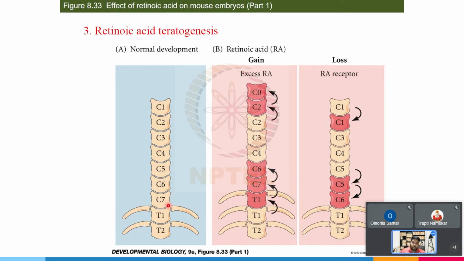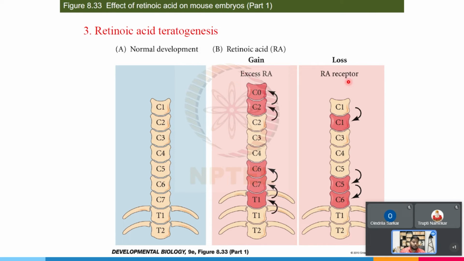So the C7 identity will change to T1, which is posterior to it. C5 will not be there. C2 will also shift anteriorly with the absence of C1, and there will be a formation of a C0 cervical.